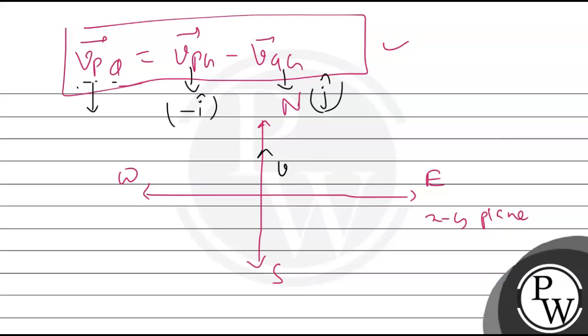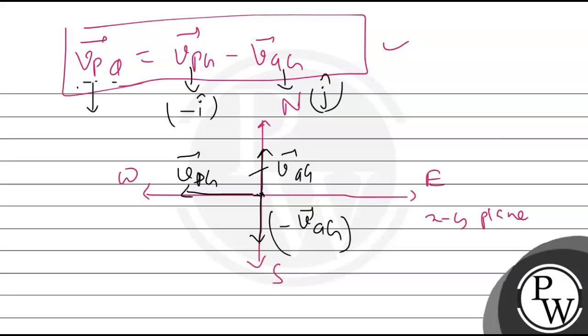Here this is the velocity of air with respect to the ground. This is the velocity of plane with respect to the ground. If we do some vector modification, we can write this vector as minus VAG.